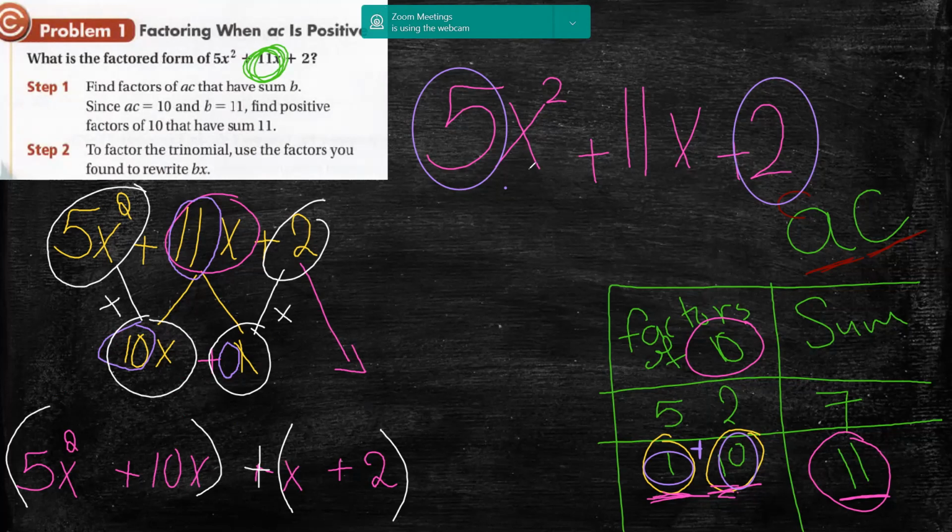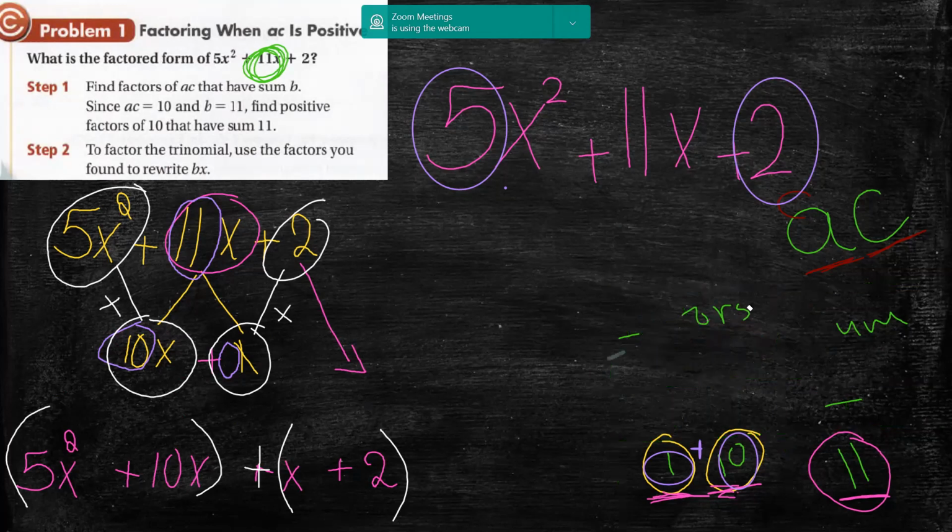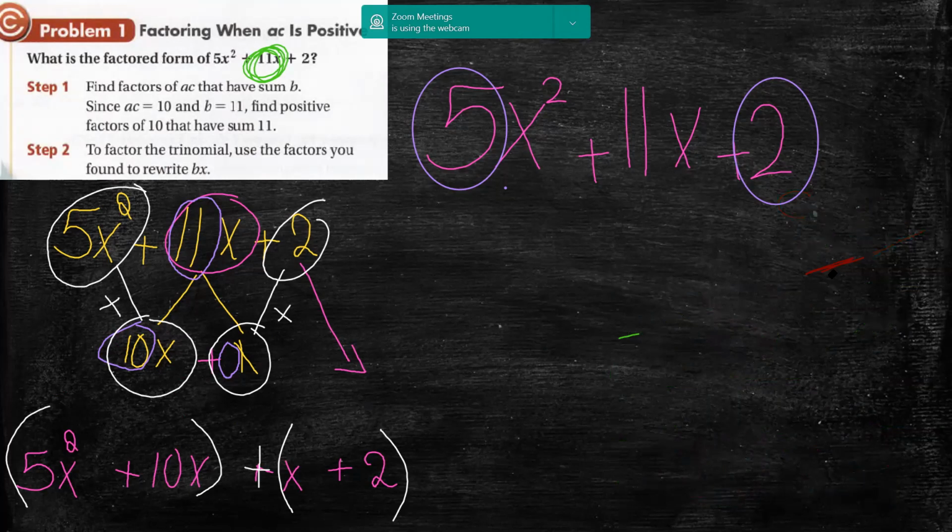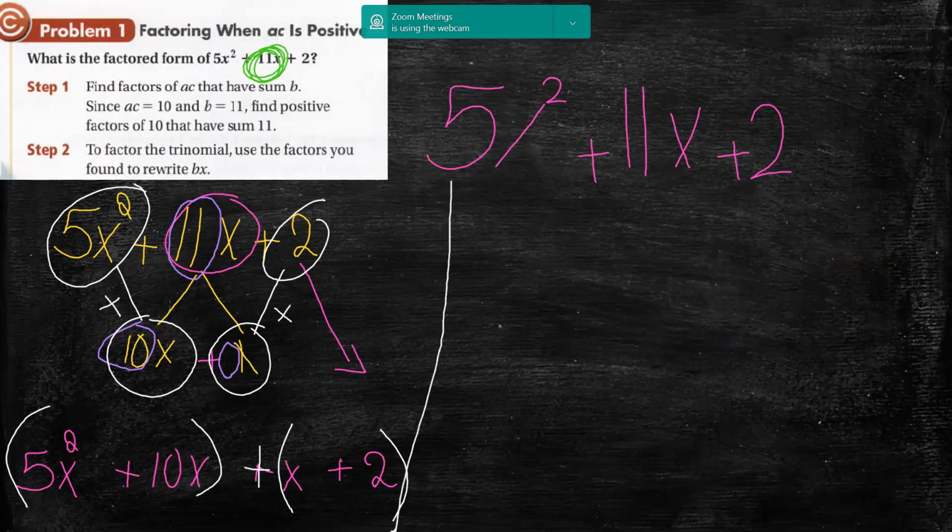Now then, after that, look at the first bracket here. What numbers do we have? We have 5 and 10. Is it right? Yes. Now, for this 5 and 10, you have to find the GCF.